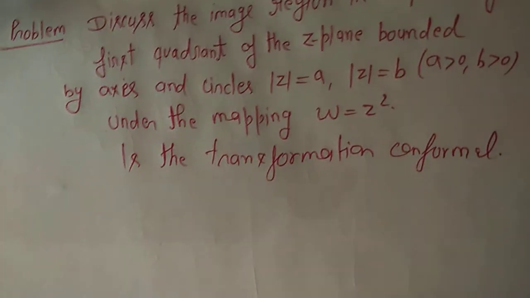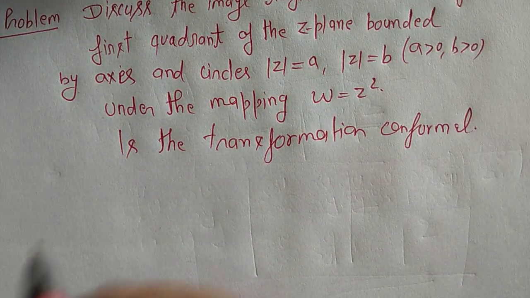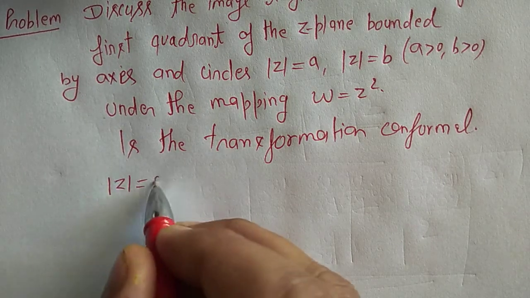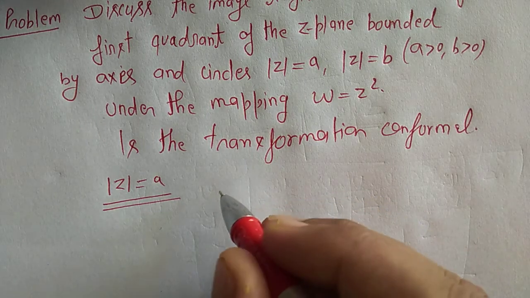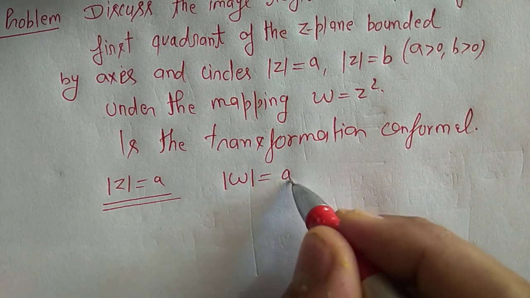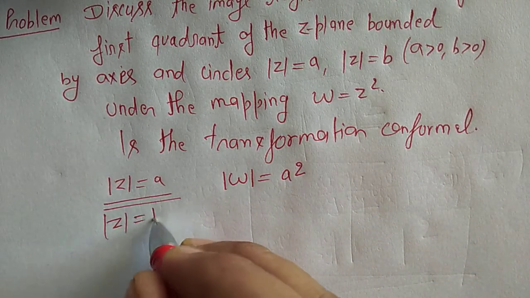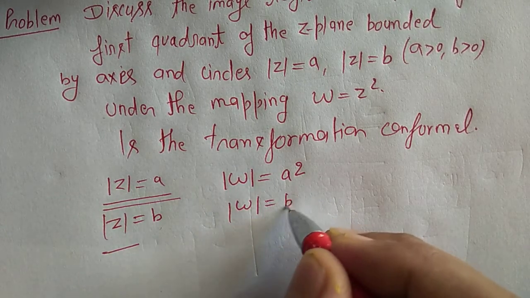So now let us use the polar coordinates. So mod Z equal to A, so mod W will be A square, and mod Z equal to B, so the image will be mod W equal to B square.